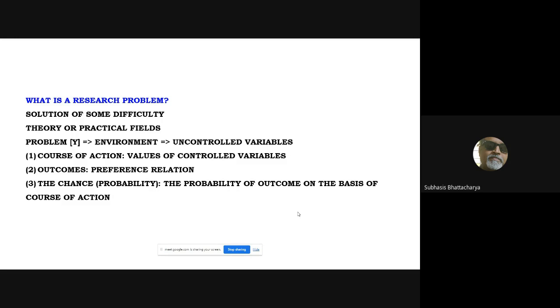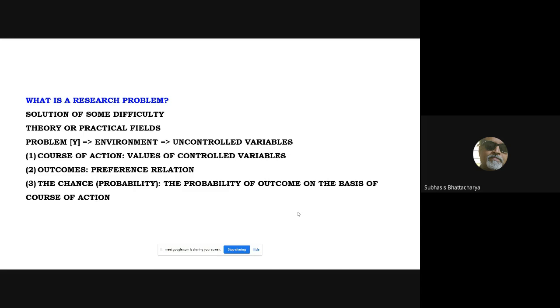So that is the research problem. When you are dealing with a research problem, there are some basic conditions we have to meet. The first one is that there must be an individual.